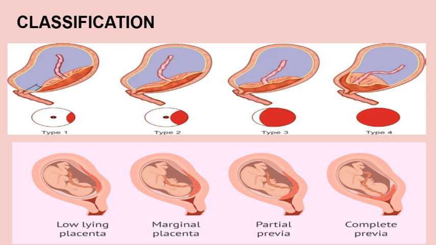Type 2 meaning it has encroached the internal os but has not covered it, and B means it is posterior. If it was anterior, it will be denoted type 2A, meaning it is a type 2 placenta and the placenta is anterior. So as we said, this is the other classification.